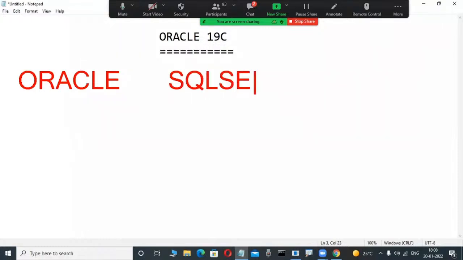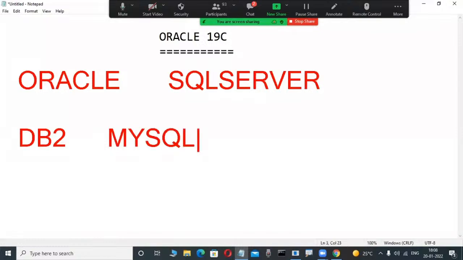SQL Server is a database product from Microsoft. DB2 is a database product from IBM. MySQL is an open source database product, but nowadays Oracle Corporation is purchasing it. Again, Sybase is a database product from Ingres Corporation.